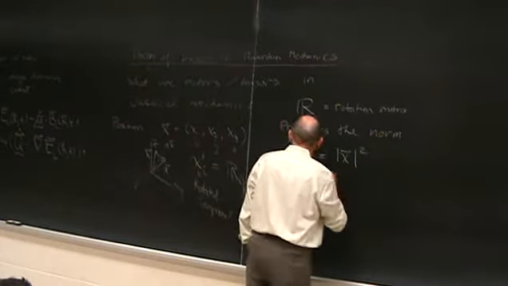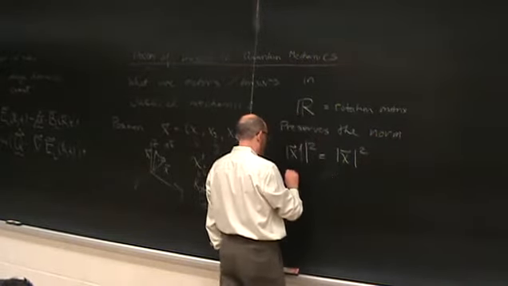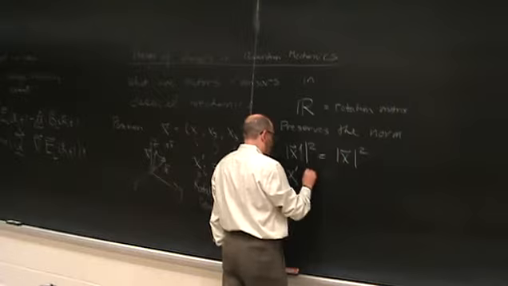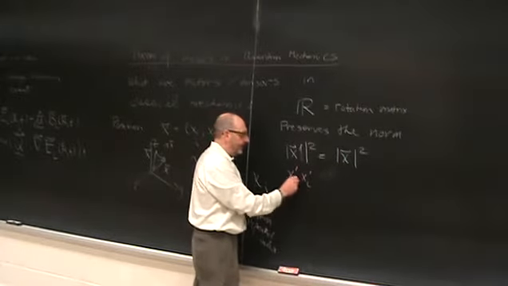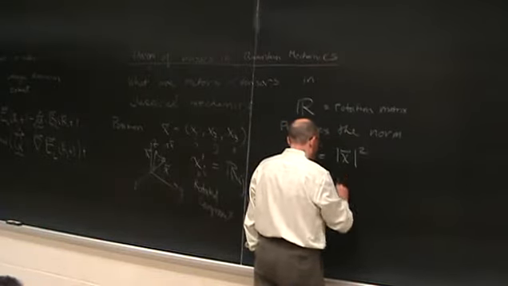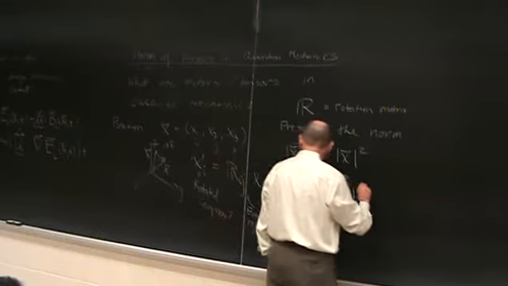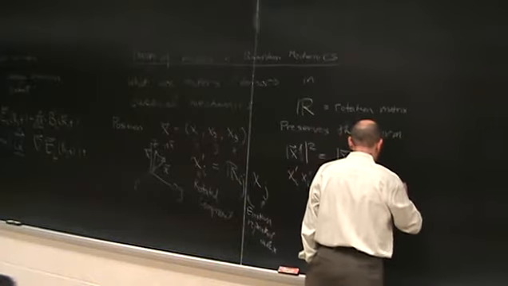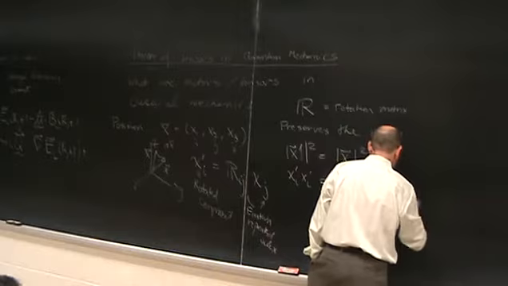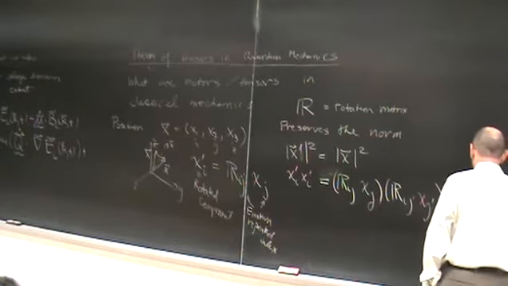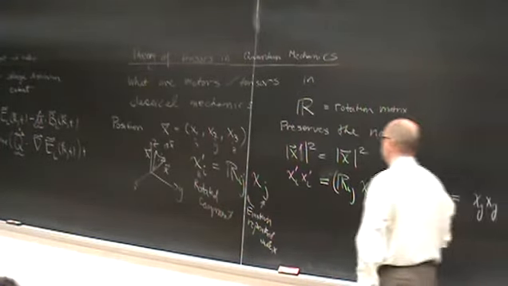And the norm of the, so this is equal to the sum of the squares, repeated index here, that's thus equal to R_ij x_j R_ij' x_j', and that has to equal x_j x_j. Right?